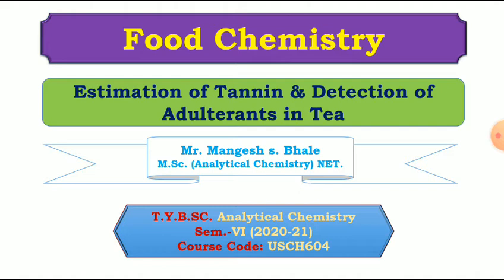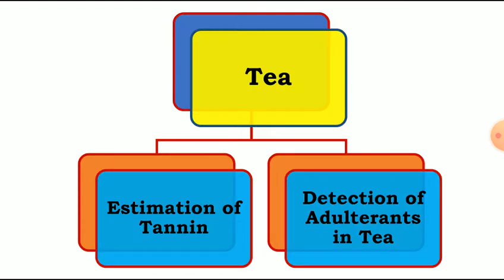In this video lecture we are going to see estimation of tannin in tea and detection of adulterants in tea. First we will see estimation of tannin, and secondly we will learn detection of adulterants in tea.